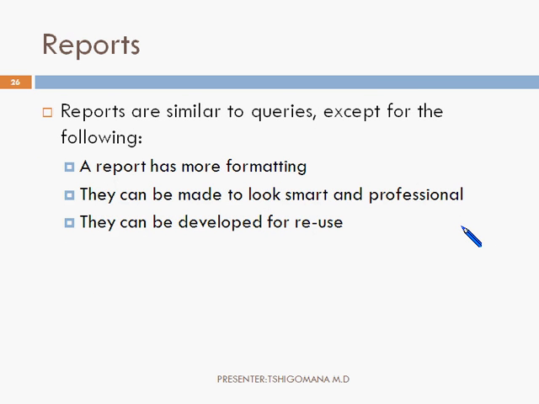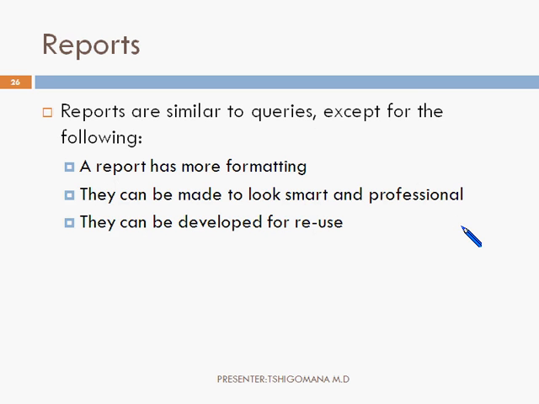Reports. Reports are similar to queries except for the following. A report has more formatting. They can be made to look smart and professional. They can be developed for reuse. In other words, you must know the difference between a query and a report. A report has more formatting, which means that a query has fewer formatting. A query is just a query.